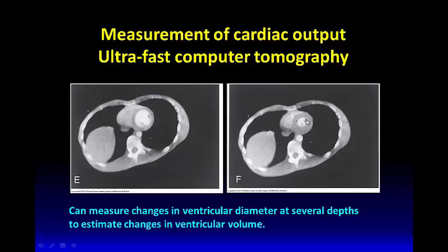Here we have the left ventricle and the right ventricle in systole, and the same left and right ventricles in diastole. So by recording changes in the ventricular dimensions during systole and diastole, ultra-fast computer tomography can compute the stroke volume, and then we multiply the stroke volume by the heart rate.